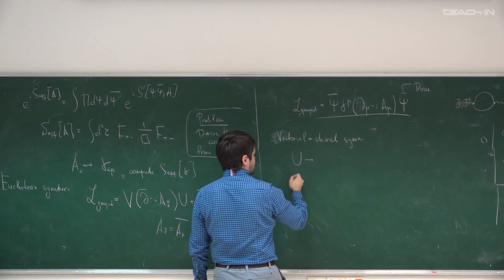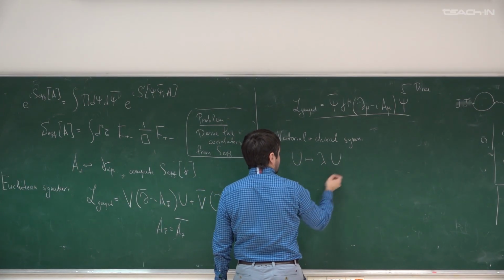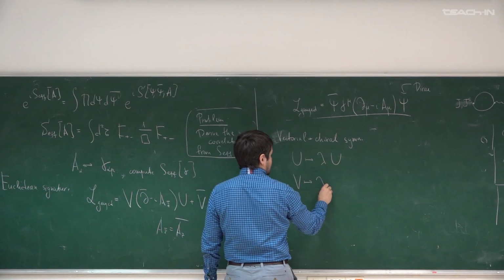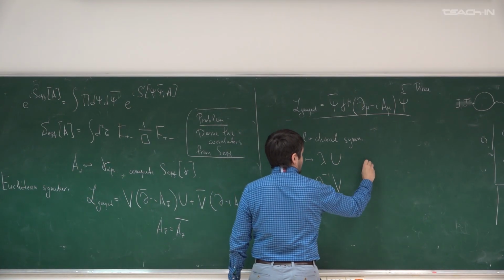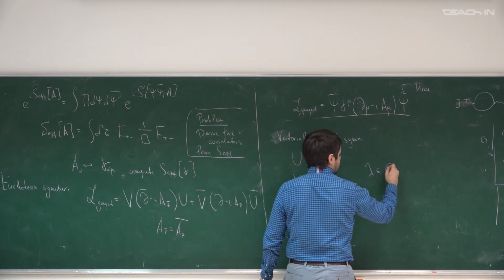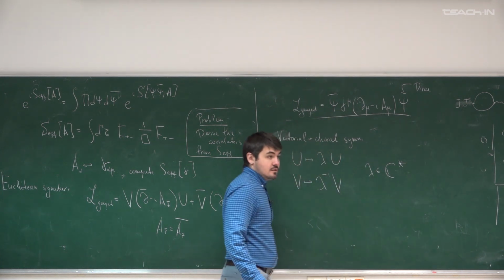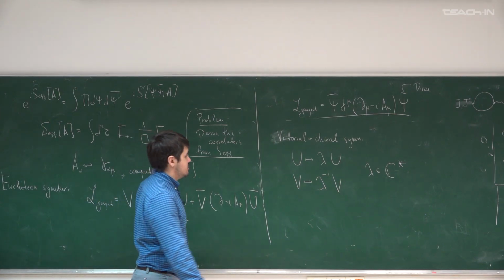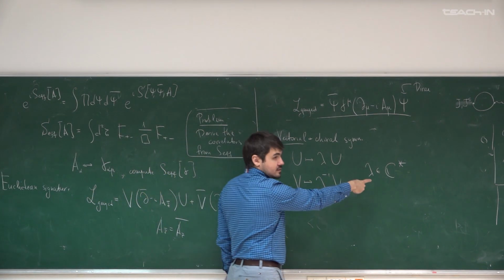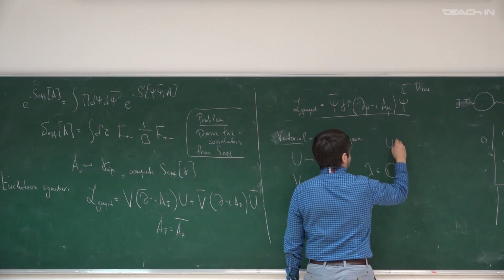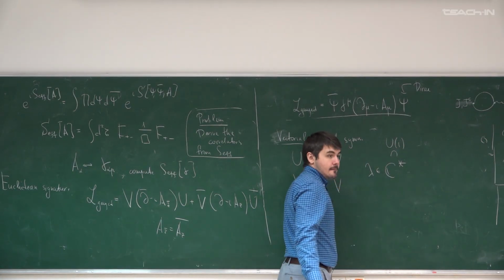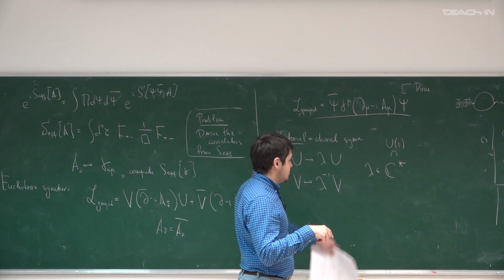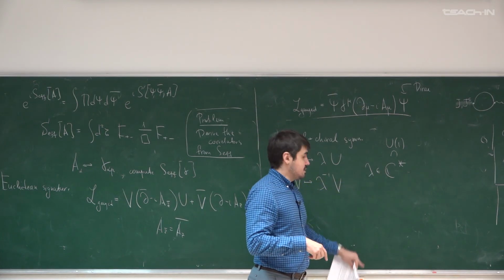It works like this: U is multiplied by some complex number, and V is multiplied by the inverse complex number. So lambda is not a phase, it's a non-zero complex number. The vectorial symmetry is just U(1) sitting inside here, and the second transformation is the radial multiplication by a real number.